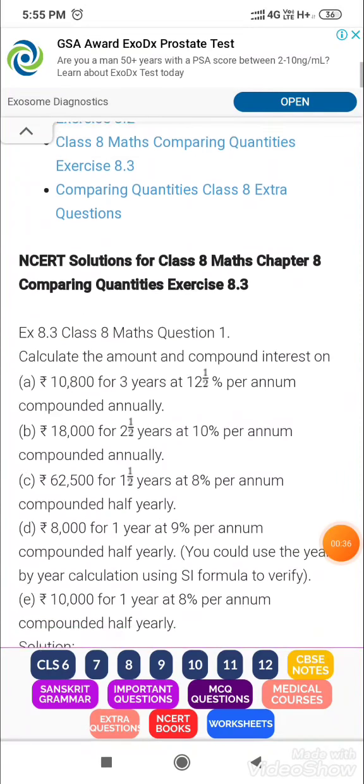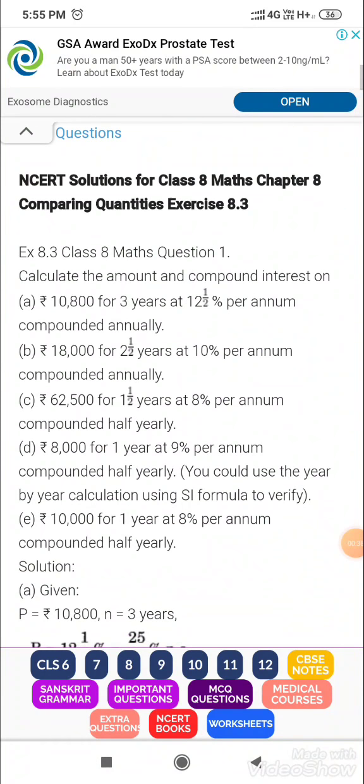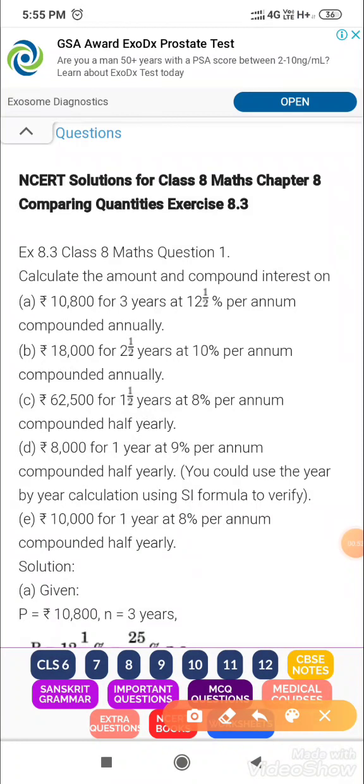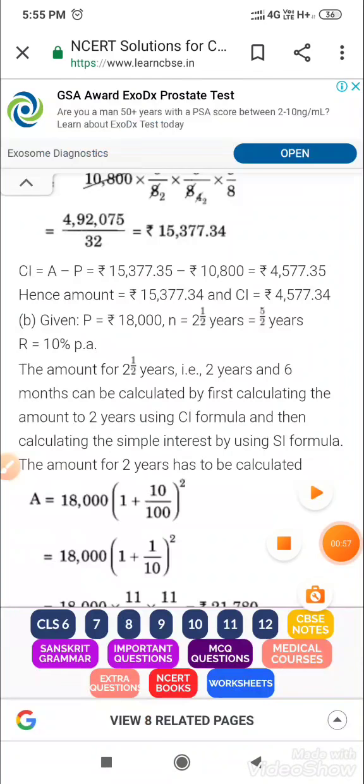Now the second part of this question is: we have to calculate amount and compound interest on rupees 18,000 for 2.5 years at the rate of 10% per annum. So first we write down all the information from the question.